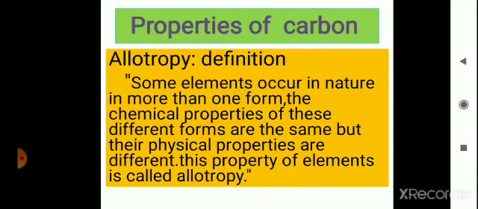The chemical properties of these different forms are the same, but their physical properties are different. This property of elements is called allotropy. Like carbon, sulfur and phosphorus also exhibit allotropy.